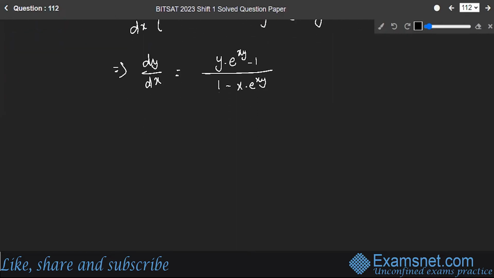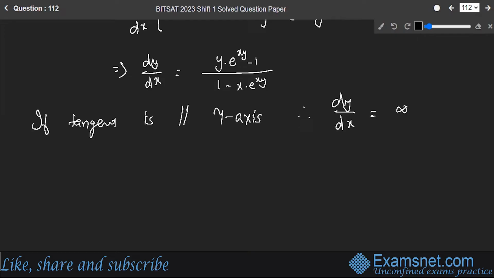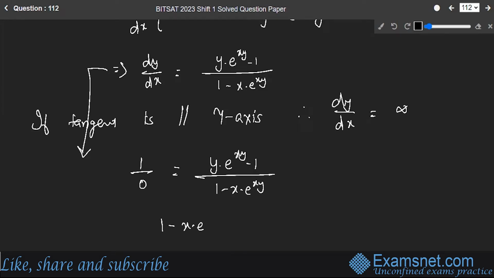Now you are given that this curve has a tangent parallel to the y-axis. If the tangent is parallel to the y-axis, then dy by dx will be infinity. So this gives you 1 upon 0 is equal to this upon 1 minus x e power xy, or 1 minus x e power xy is equal to 0.